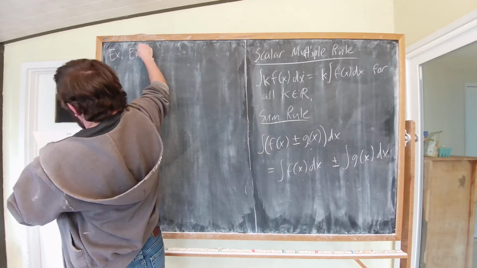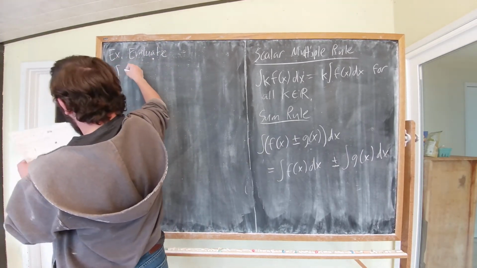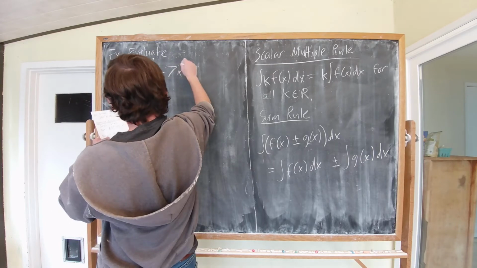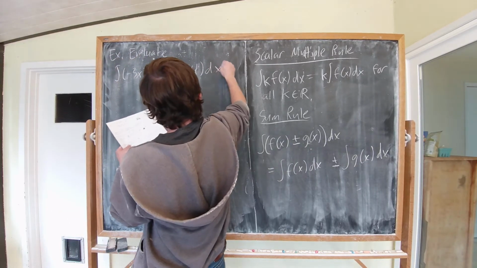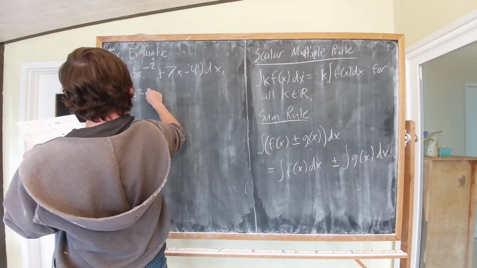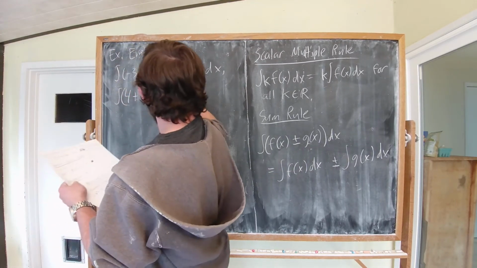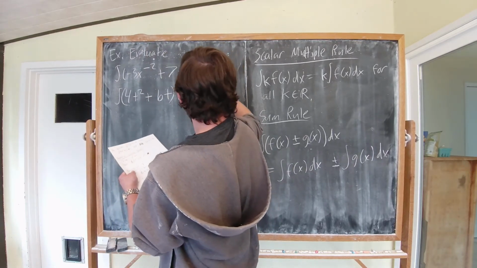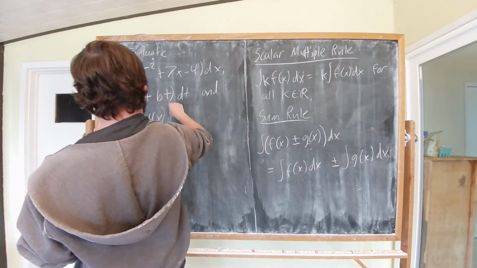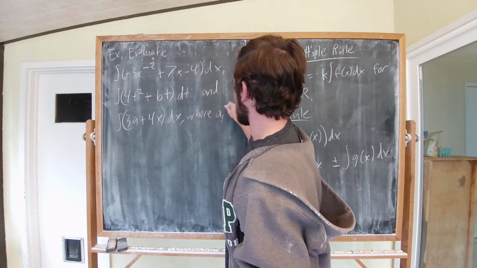Let's evaluate the integral of -3x to the -2nd plus 7x minus 4 dx, the integral of 4t squared plus b times t dt, and the integral of 3a plus 4x dx, where a and b are just constants.